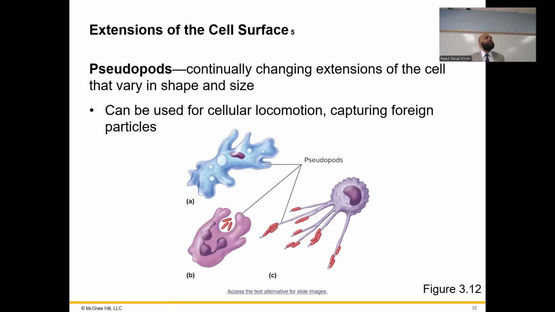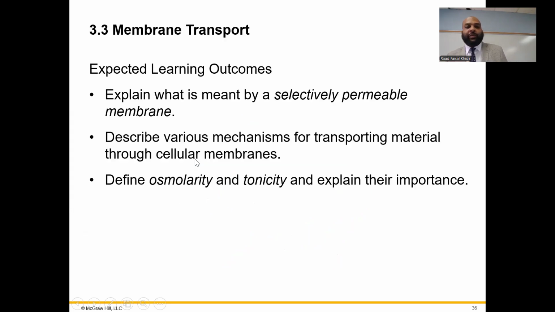Look at this one, it looks very interesting. Where have we seen it before? Who does that kind of movement? Macrophages, excellent. They engulf and imbibe material into the inside of the cell, foreign, negative, and toxic material.